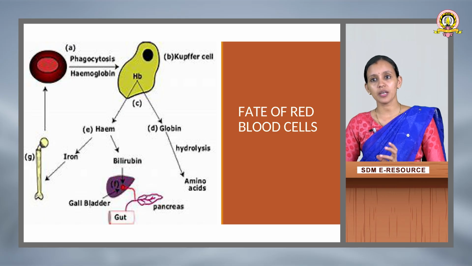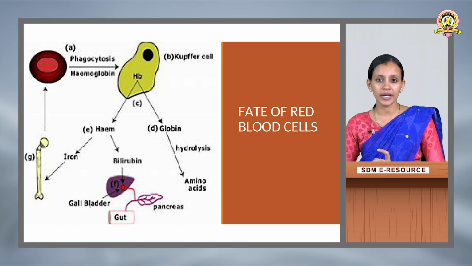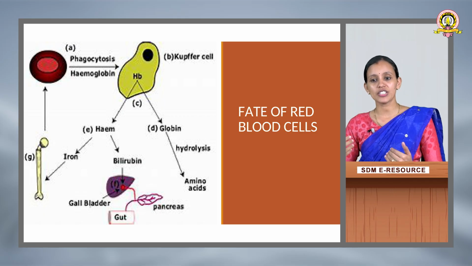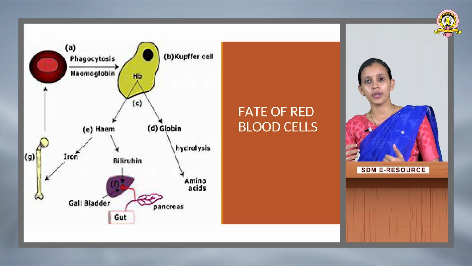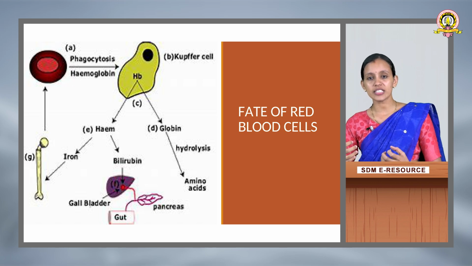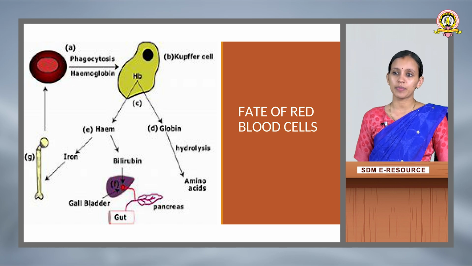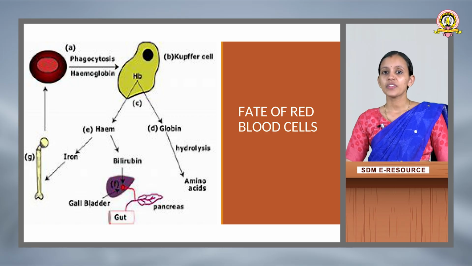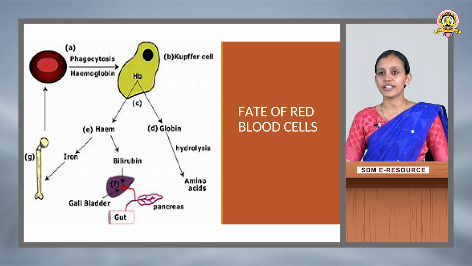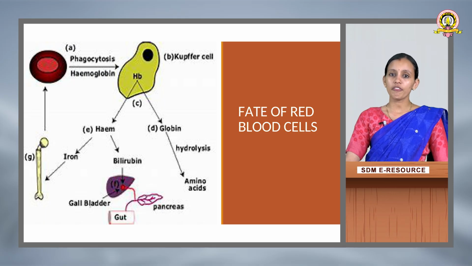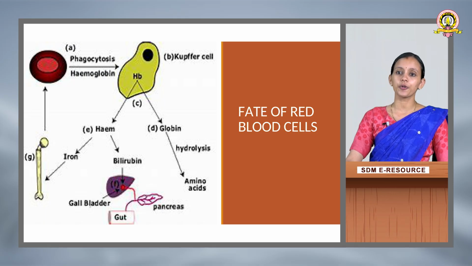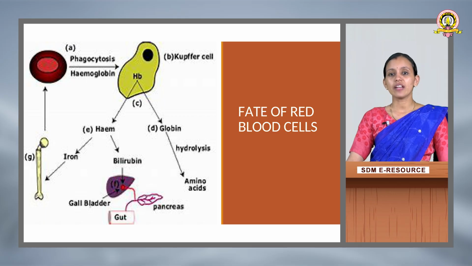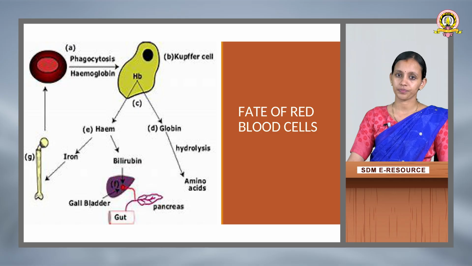After the RBCs are broken down or fragmented, hemoglobin is released, and hemoglobin again splits into heme and globin. Heme contains iron and porphyrin. Iron is reused later by the body, and porphyrin is degraded into bilirubin, which is excreted as bile from the body.